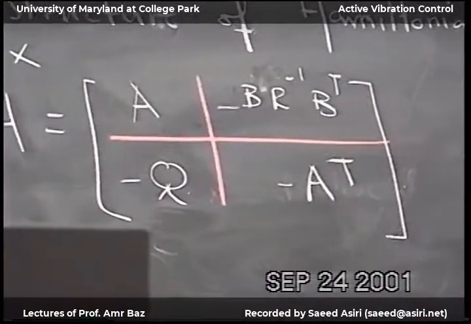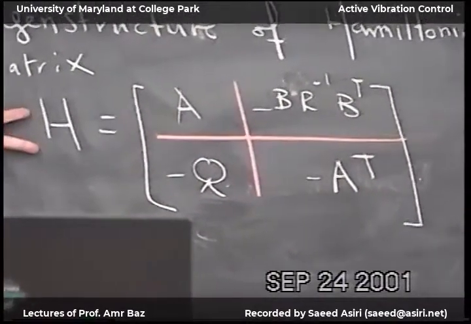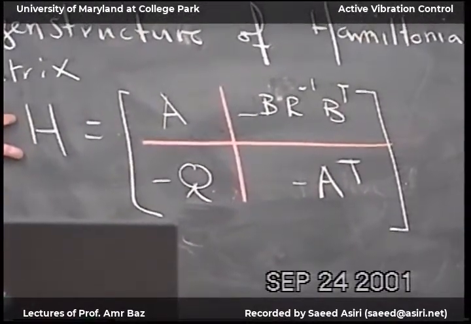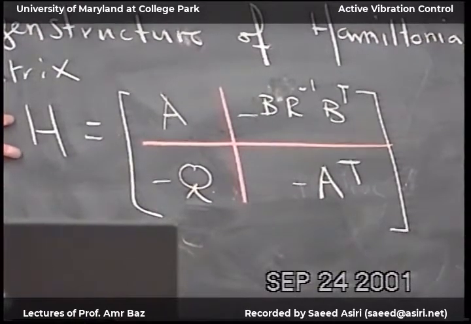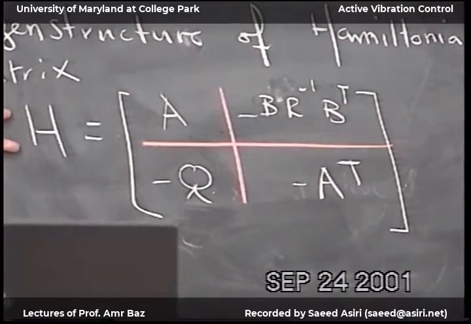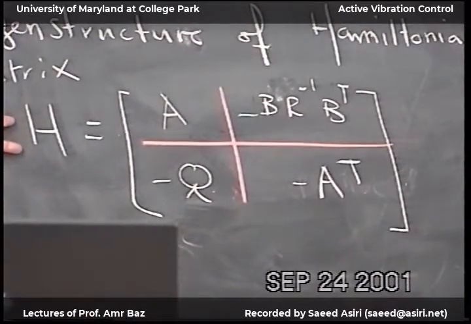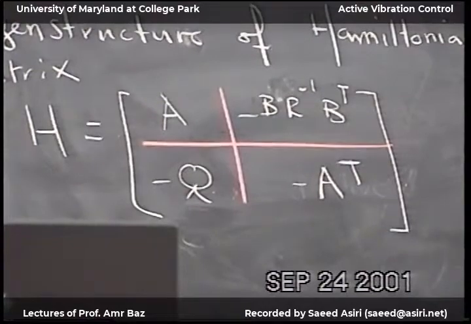And we'll use this particular eigenstructure, so we'll extract from here the eigenvalues of H, and we'll see that these come in pairs. One is stable, one is unstable. We'll get the eigenvectors corresponding to the stable eigenvalues, and then from it we can generate the P.